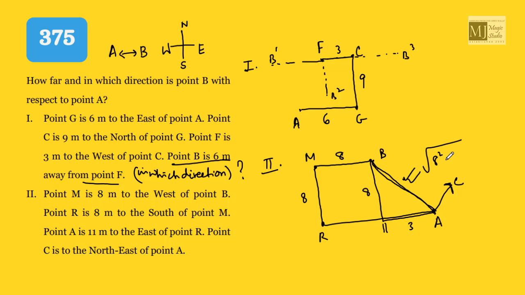Distance would be root over 8 square plus 3 square, and yes, we can also have the direction. Now, what was the question? How far and in which direction is point B with respect to A? If I draw the direction symbols here, then B is to the northwest of point A, and the distance is root over 8 square plus 3 square. Statement 2 alone is sufficient enough to give us the answer. I'll mark B.